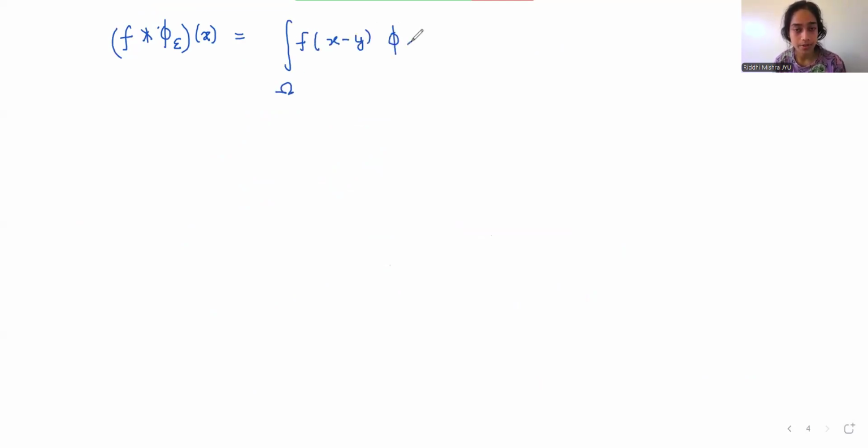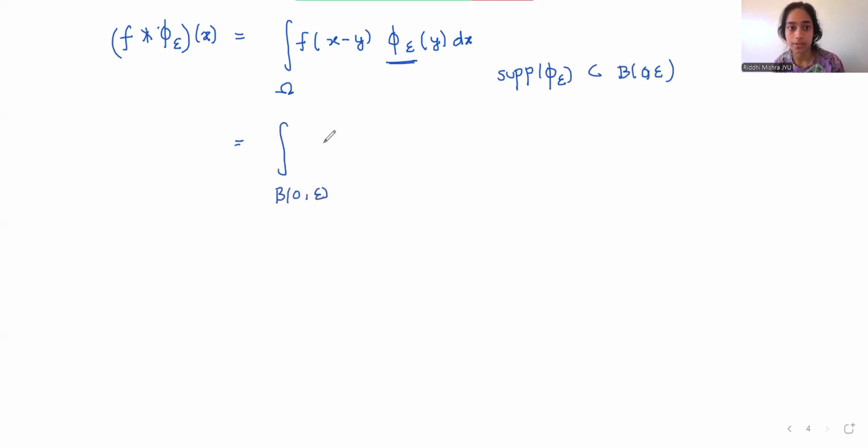Because the convolution of f with phi epsilon at point x is, by definition, the integral of f(x minus y) phi epsilon(y) dy. Now phi epsilon is supported in B(0, epsilon). I can write B(0, epsilon) as the domain because the integral will give 0 outside the support.